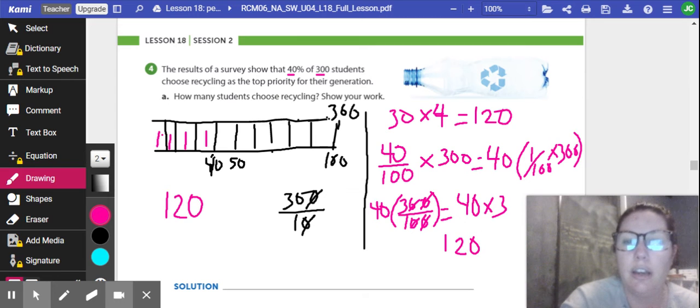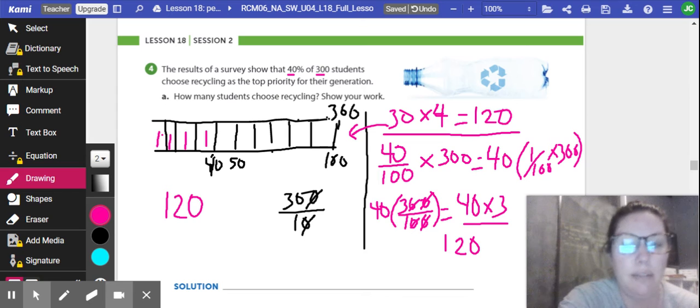So look, I want you guys to compare this, which is what we got from the bar model, to this, which is what we did mathematically. It's reversed, right? So we had 30 times 4, and then we had 40 times 3.